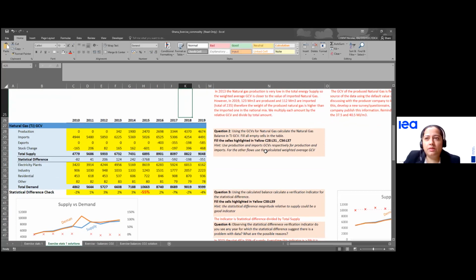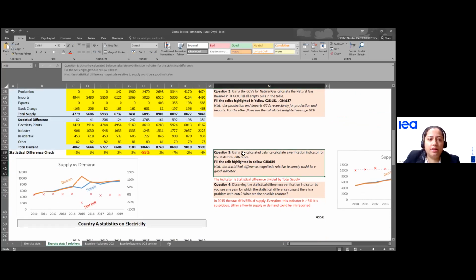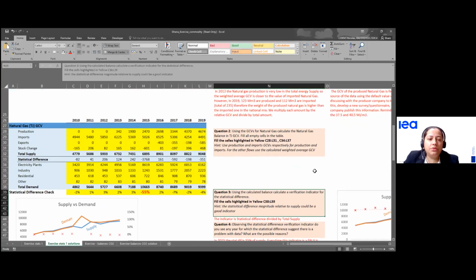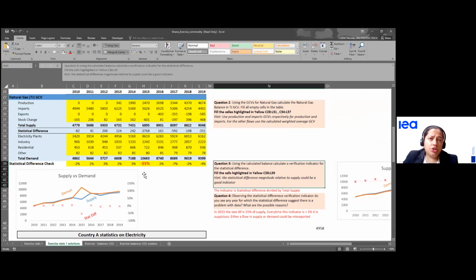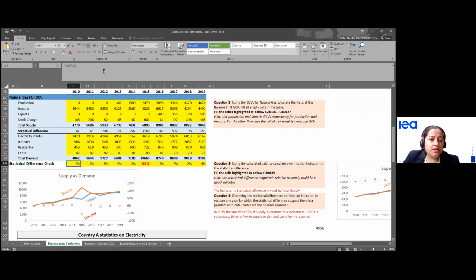the table for terajoules. And the question 3 here is using the calculated balance, calculate a verification indicator for the statistical difference. So here, a way to check your statistical difference is to calculate the statistical difference divided by your supply. And as we said in the presentation, normally the range would be less than 5%, it's kind of acceptable.